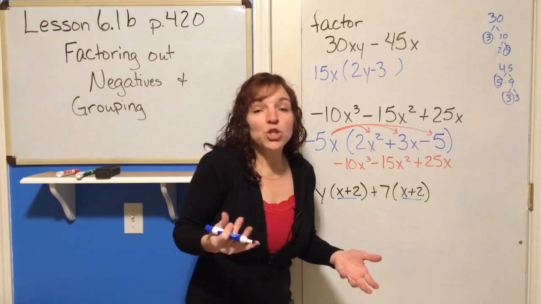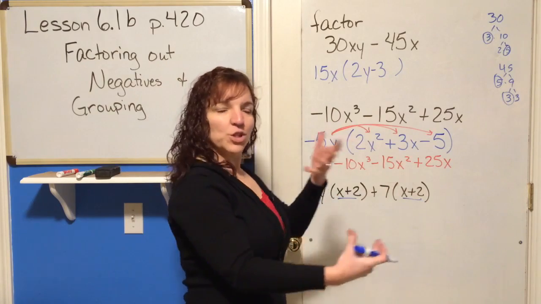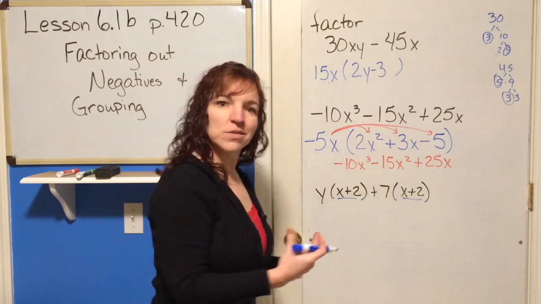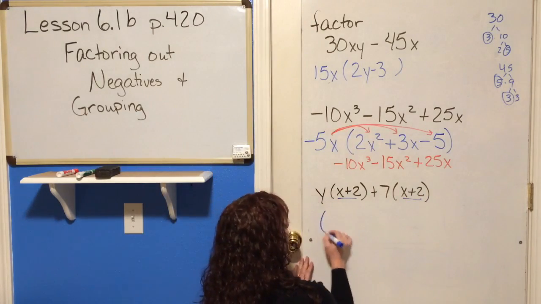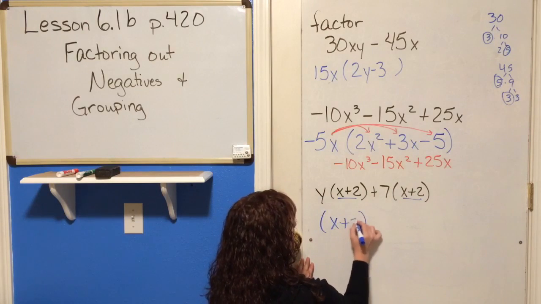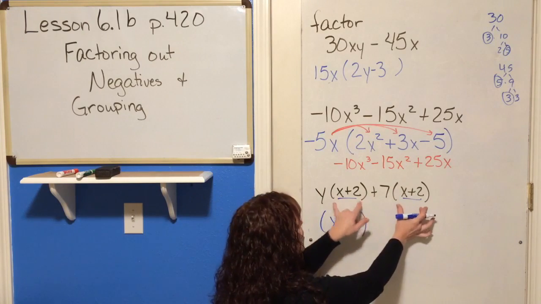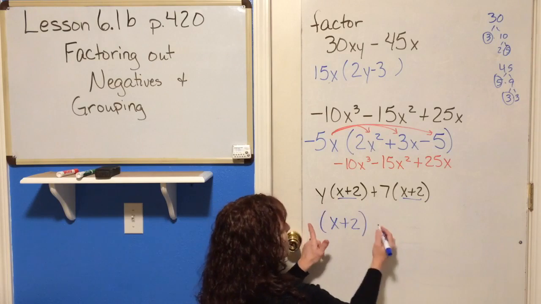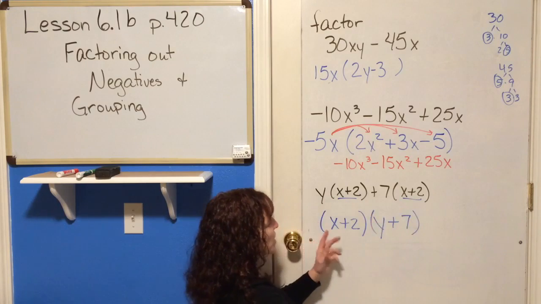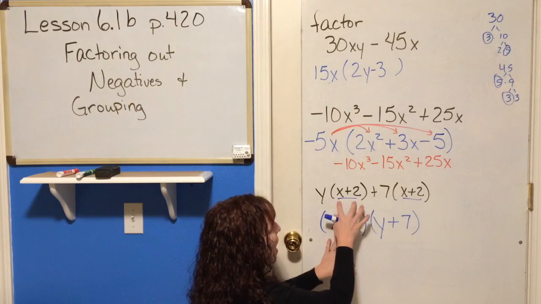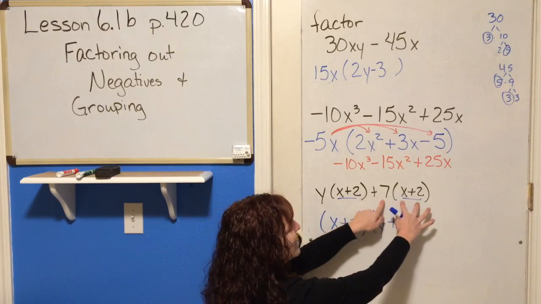So what we can do is we're going to use the distributive property backwards. All right. So let's take this x plus 2 out. So x plus 2, and then we took it times y, and we took it times 7. So the x plus 2 is in common with both this y and this 7.